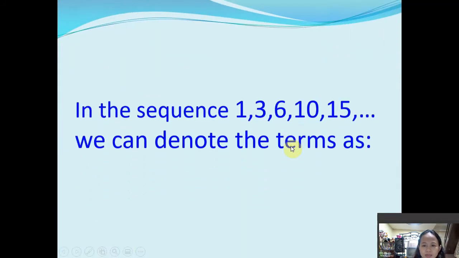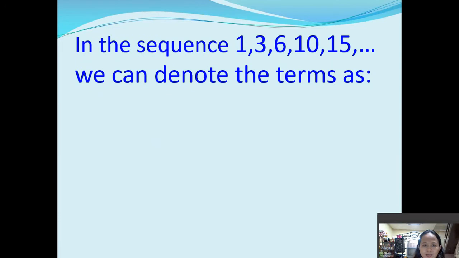In the sequence 1, 3, 6, 10, 15, we can denote the terms as follows. 1 is our first term, or A sub 1. This will be read as first term, which is equal to 1. Next is 3. So that is our second term, or A sub 2, which is 3.